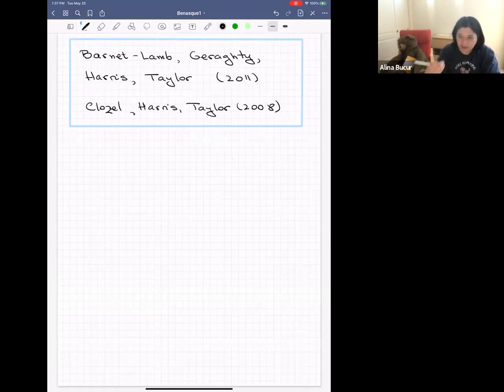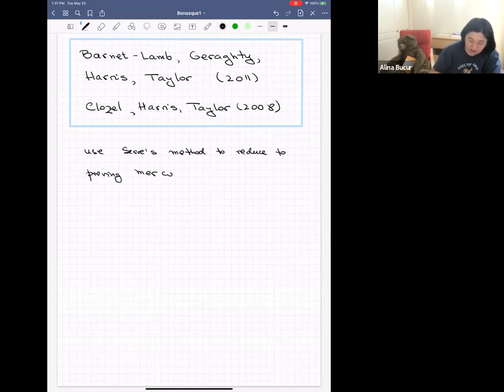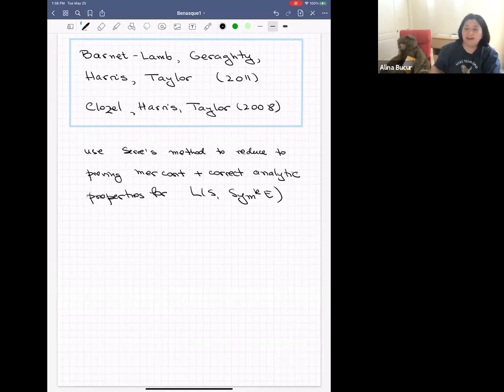And the heart of the proof is you use Serre's method from that famous appendix to reduce the problem to proving meromorphic continuation plus correct analytic properties on the famous line at real part of s equal 1, for the L functions of all the symmetric powers of the elliptic curve that you're interested in.